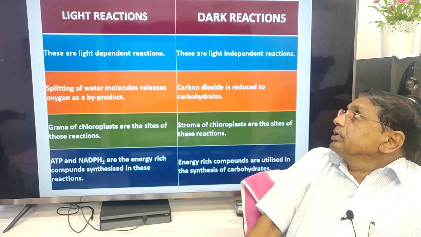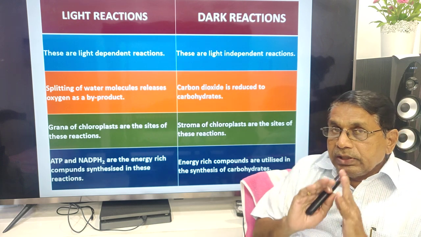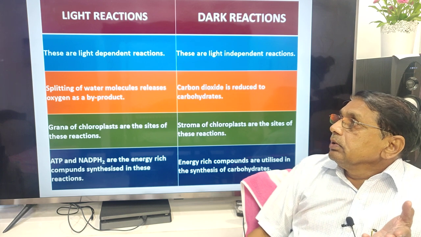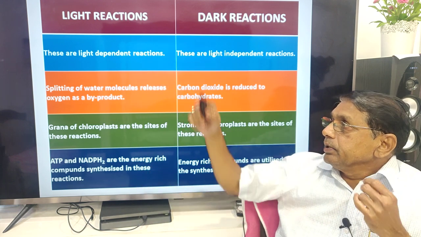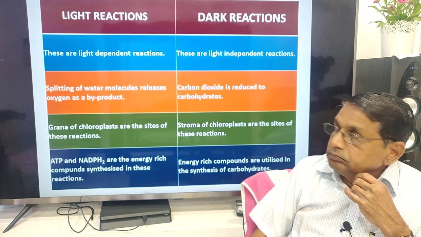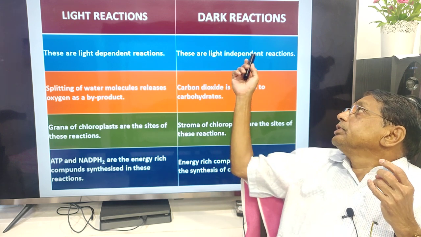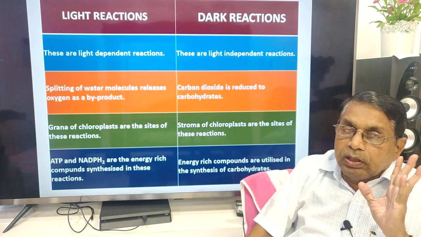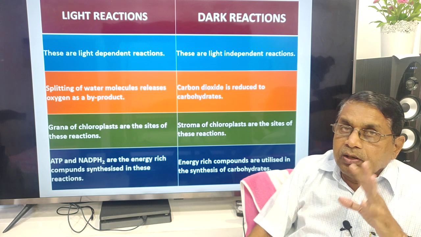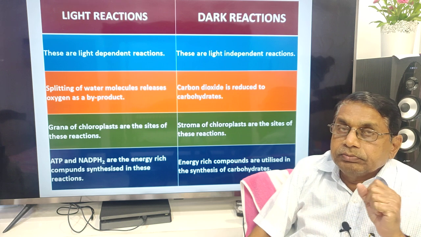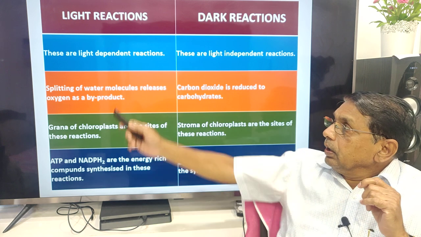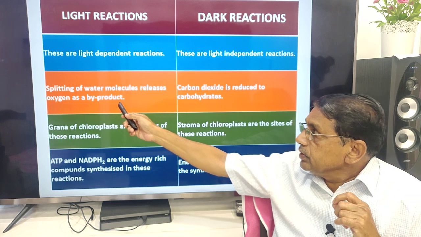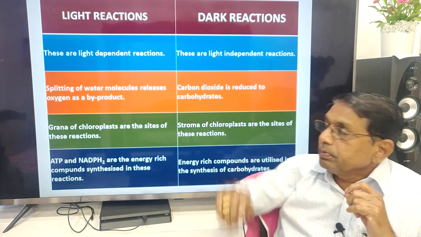Then light reactions and dark reactions, if you see the main differences: these are light dependent, these are light independent, no light required, they are not dependent on light. Splitting of the water molecule releases oxygen as a byproduct.